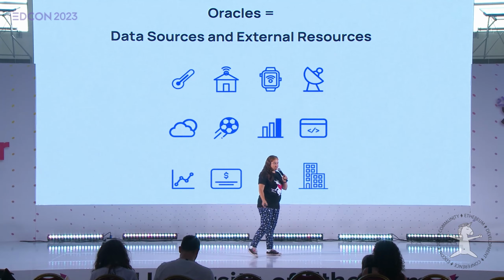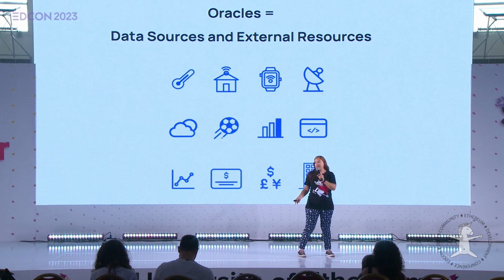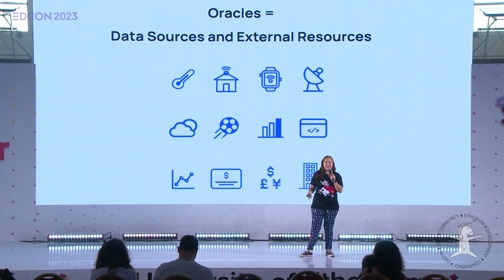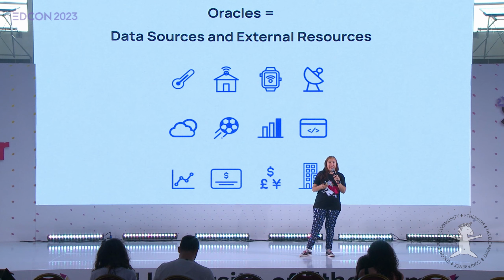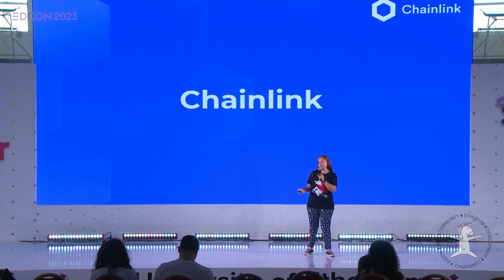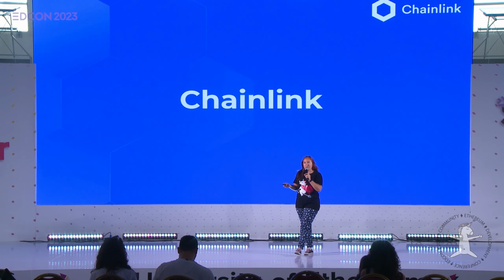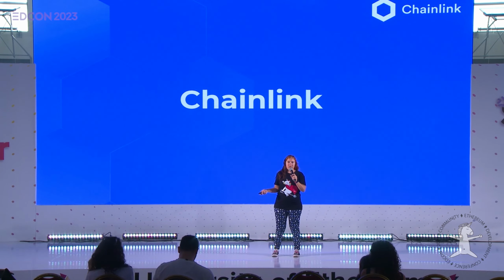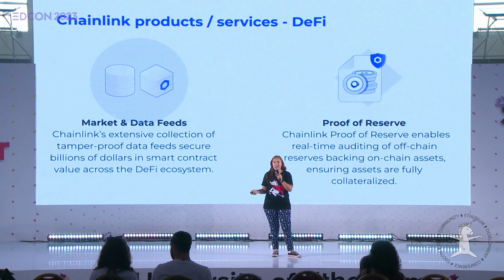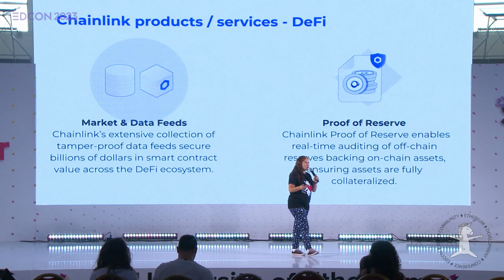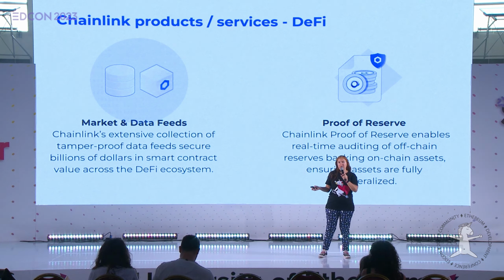First of all, an oracle is any kind of data source or external resource that you can use inside your smart contract, in our case, inside your NFT. And let's talk a bit about Chainlink, because Chainlink is one of the big oracles, and talk about how we can use different oracles to do this.